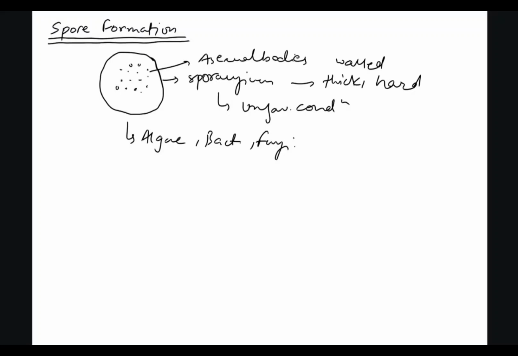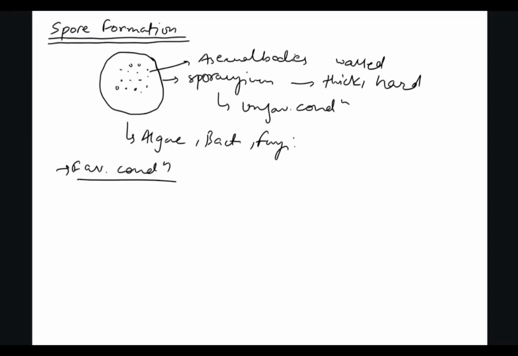So it is not necessary that all the different species would reproduce by a similar method, right? It's not possible. They have adapted to different conditions, and because of their adaptation, they reproduce in a different way, right?